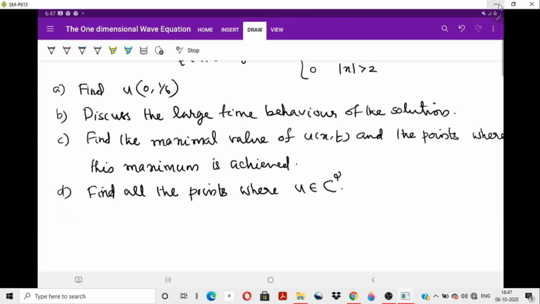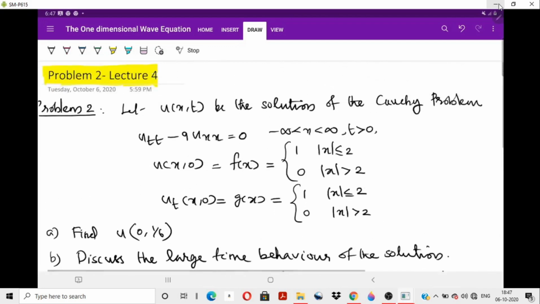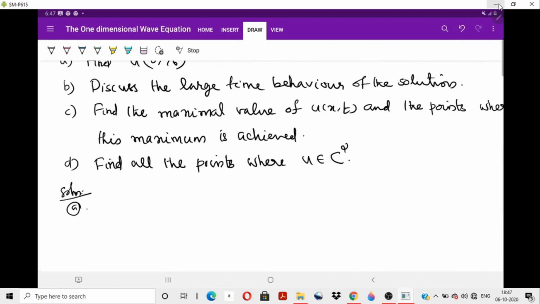For the A part, we have the D'Alembert solution. Since the given problem is a Cauchy problem, the solution is given by D'Alembert's formula.